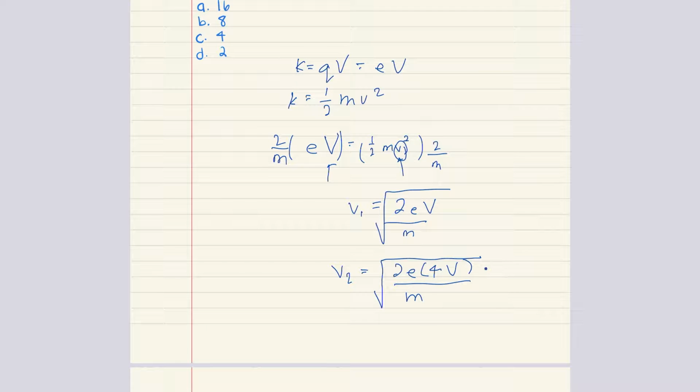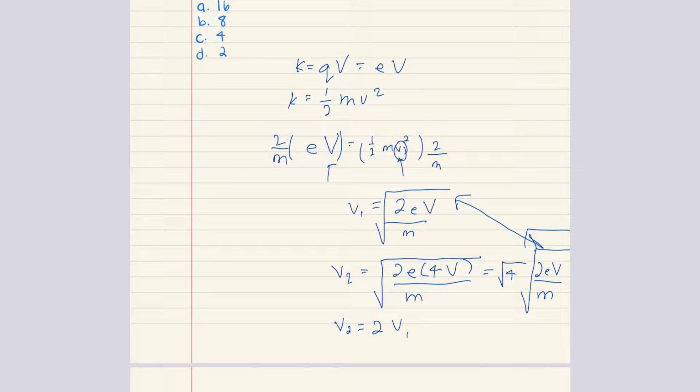This is, in other words, equal to the square root of 4, which we can isolate by itself, multiplied by the square root of 2eV divided by m. So essentially, the speed of the second trial is just equal to the square root of 4, which is 2, multiplied by v1. This is exactly the same formula as v1.